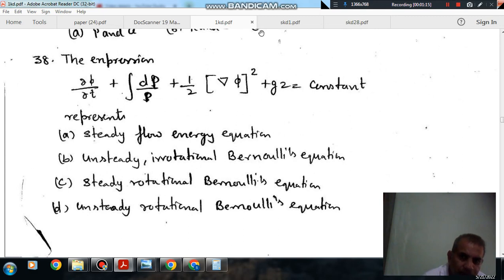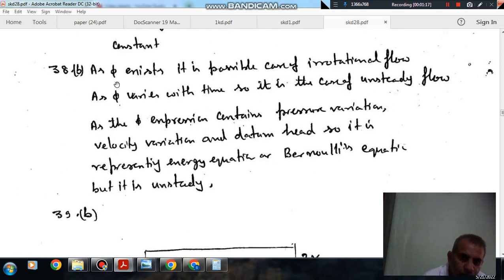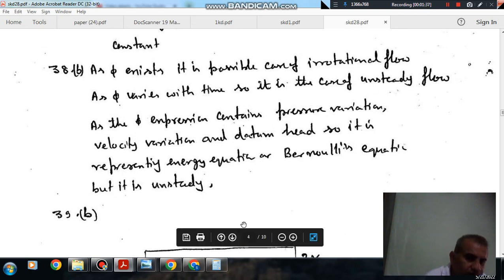So the answer is option B. As phi exists, it is a possible case of irrotational flow. Phi varies with time, so it is the case of unsteady flow. As the expression contains pressure variation, velocity variation, and datum head, it is representing the energy equation or Bernoulli's equation, but it is unsteady.